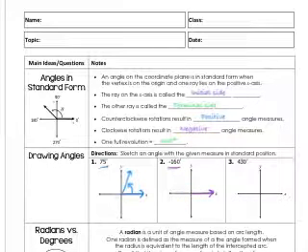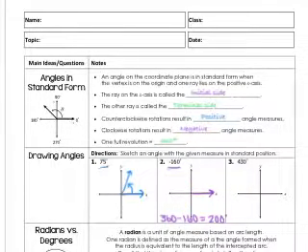Another way I could think of it is if this is 360 degrees, and I'm going in a negative direction, I could take 360 and subtract the movement that I'm going, and that gives me 200 degrees. So I could think of it from a positive standpoint.